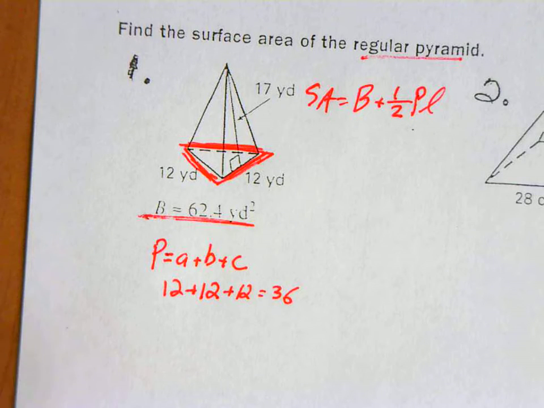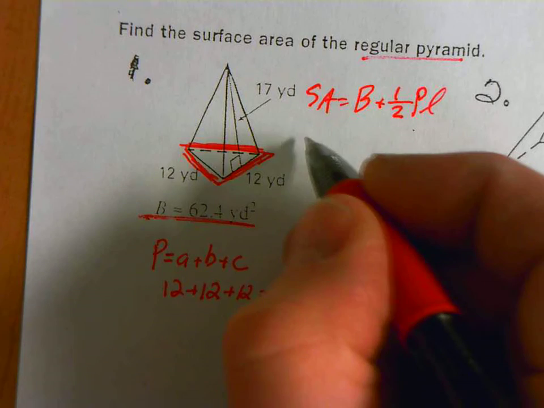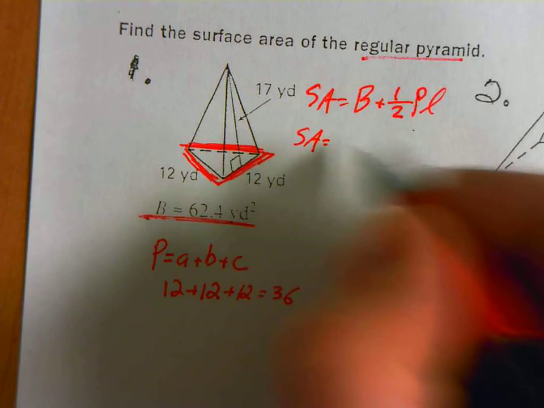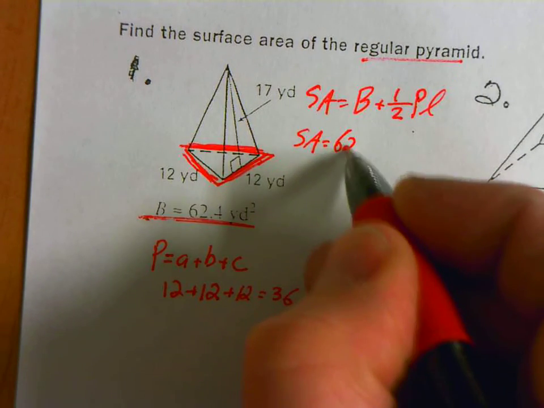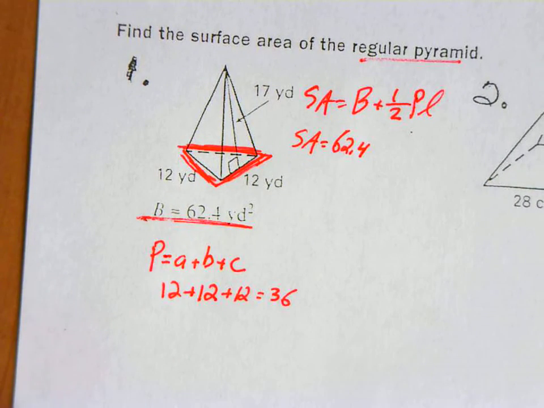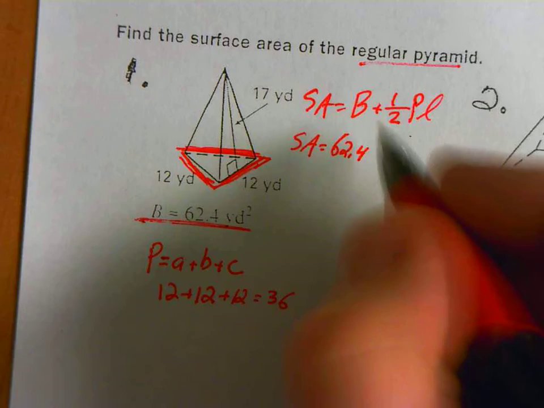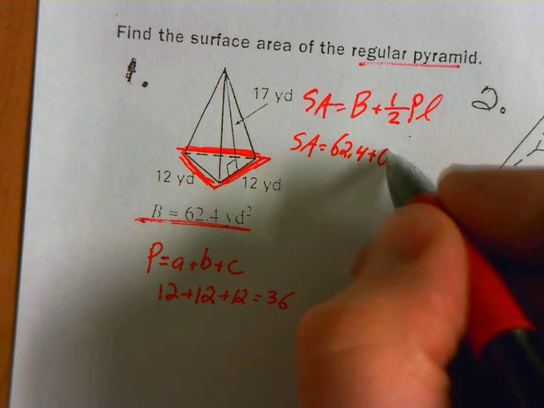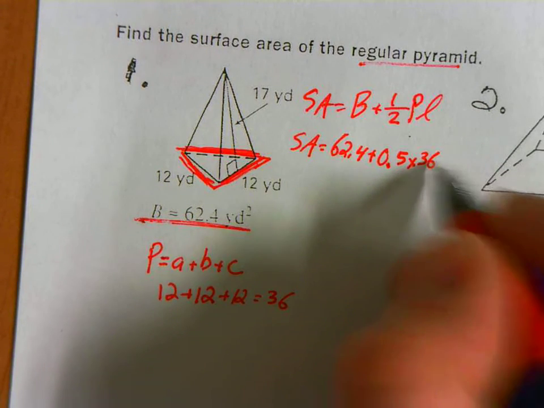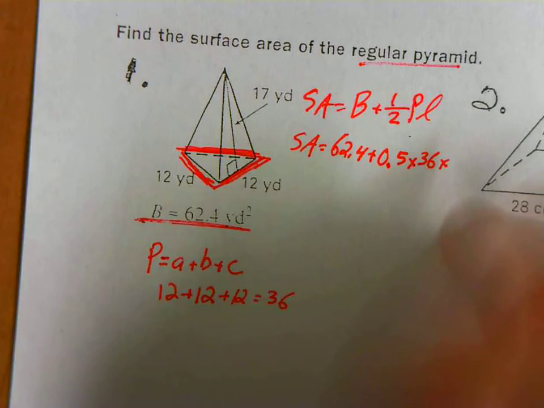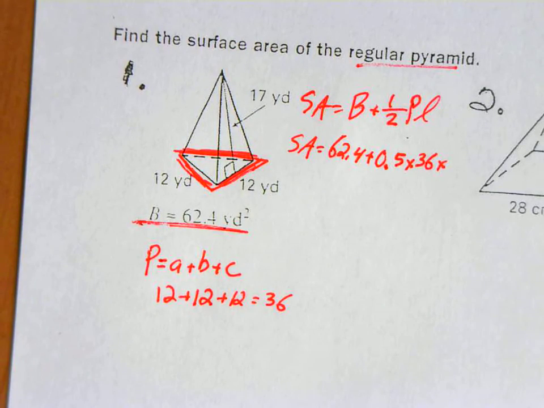Then plug everything into the formula. Wherever you're showing that, plug in that the area of the base, we were told, 62.4, plus half, or 0.5, times 36, times, and then what is that slant height?